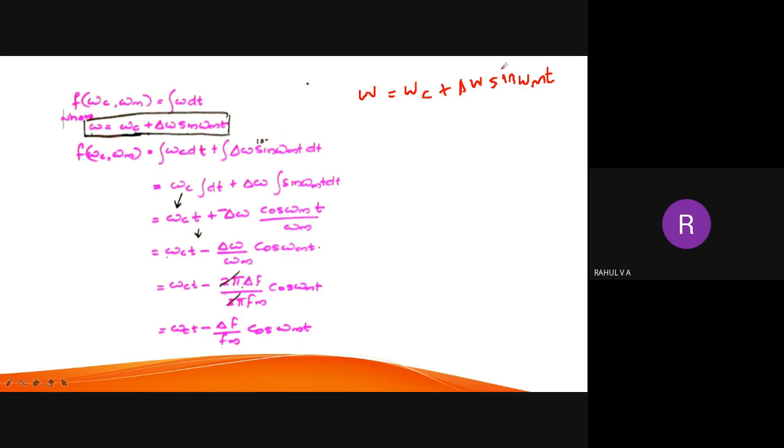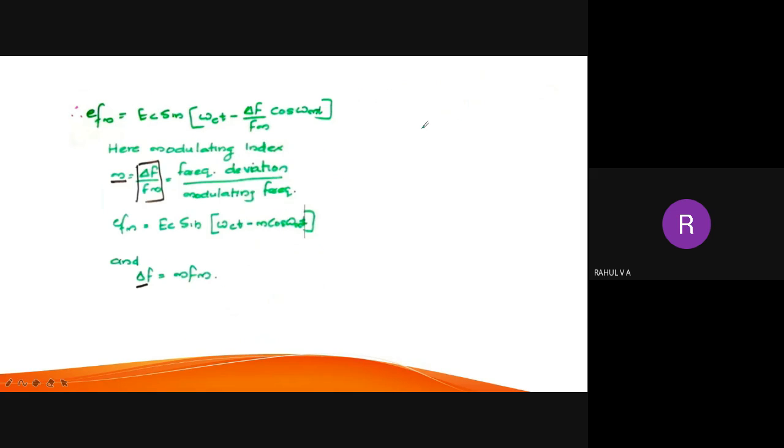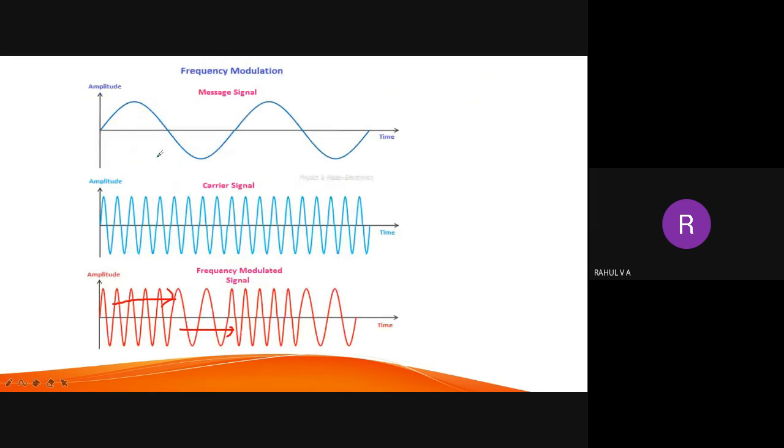That means with respect to the value of omega m, the sign of this second term will change. It can be positive, it can be negative. So with respect to the value of omega m, the polarity of this second term will change. If you look at the waveform, during the positive half cycle, the sine value is from 0 to 180, so it gives a positive quantity.